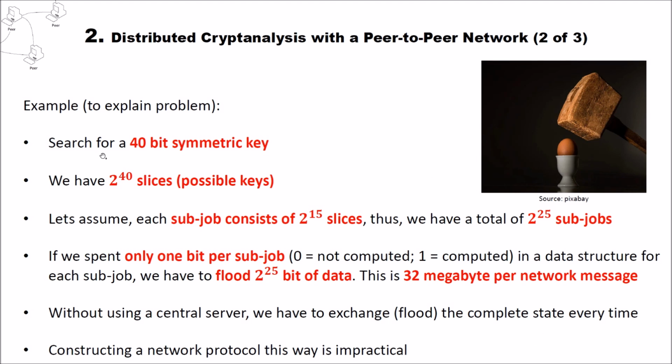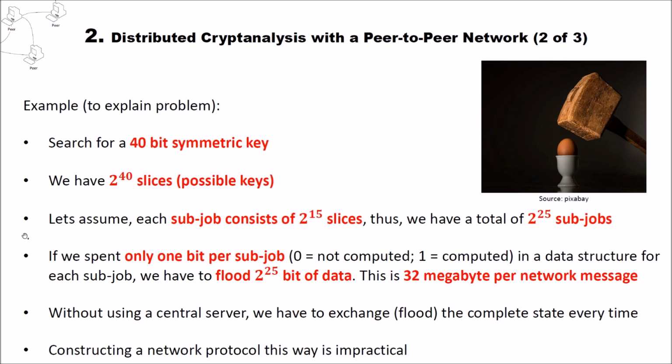Let's assume we have a search space of 40-bit, so we search for a 40-bit symmetric key. That means we have 2^40 slices or possible keys. Now let's assume that each subjob consists of 2^15 slices, so 2^15 keys. That means that we have a total of 2^25 subjobs that have to be computed.